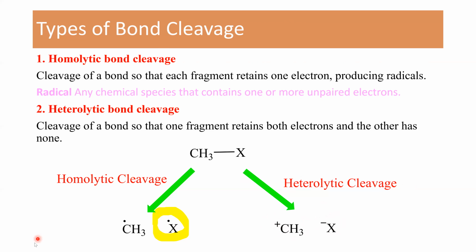So I have to show one thing which is very important, and you need to pay attention to it. When we are writing homolytic cleavage, we use the fish hook arrow. The fish hook arrow is the half arrow, not a complete arrow.